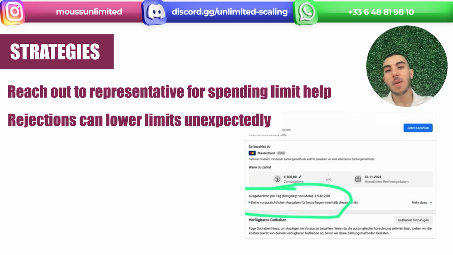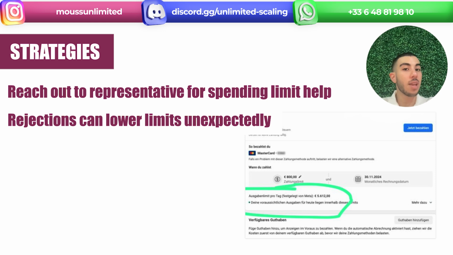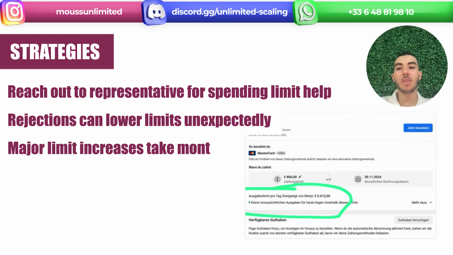So yeah, you can expect by discussing with reps going from 1K to 2K, from 2K to 4K, something like that. But yeah, you cannot expect going from 5K to 20K, you know? I mean, it's possible, but it will probably take you a month or 6 weeks to get it done.